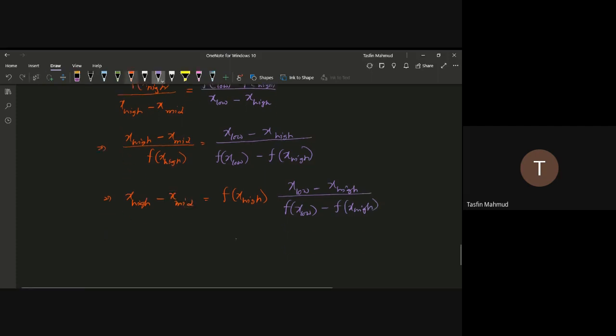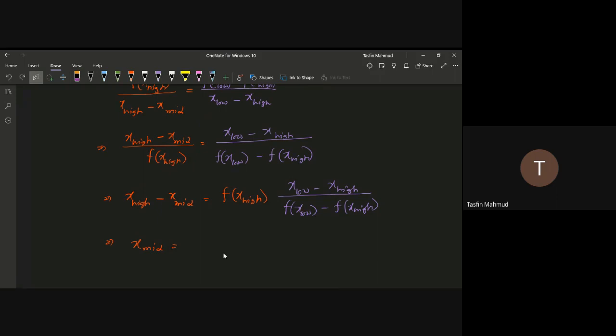So if this x mid will look something like this, I'm going to take this term to the other side of the equation, take this here and take this term to the left, take this here.